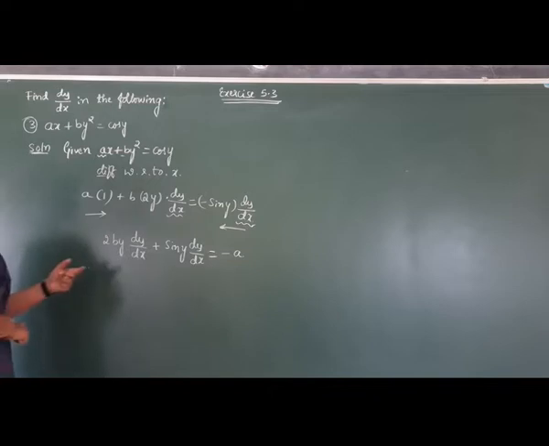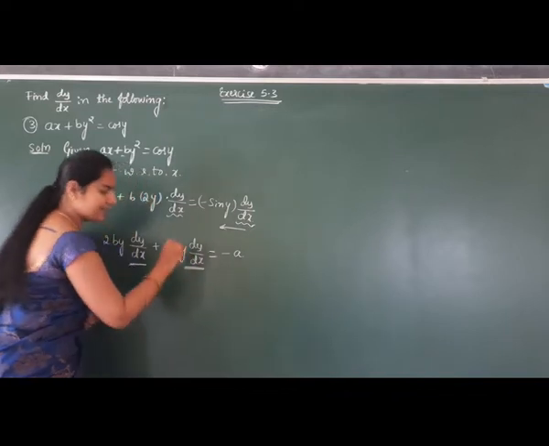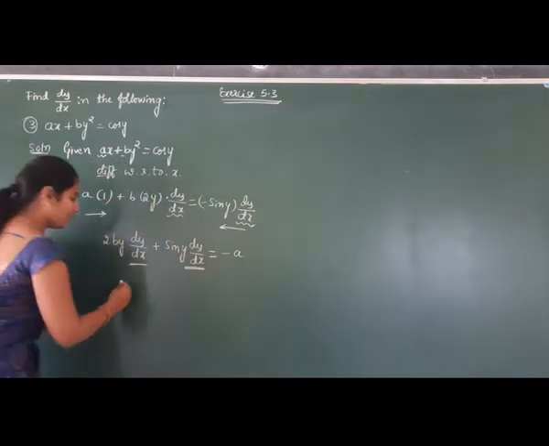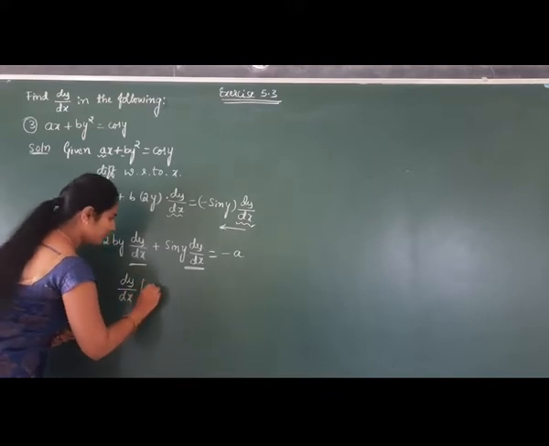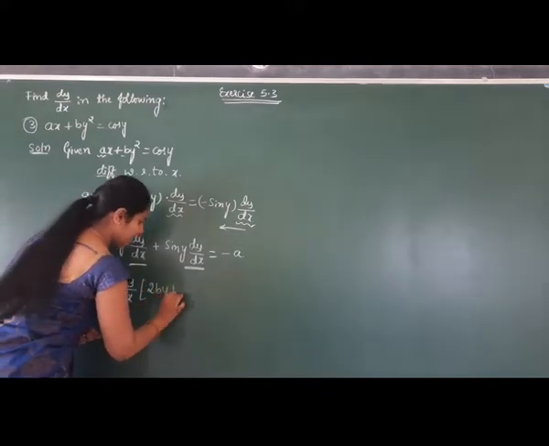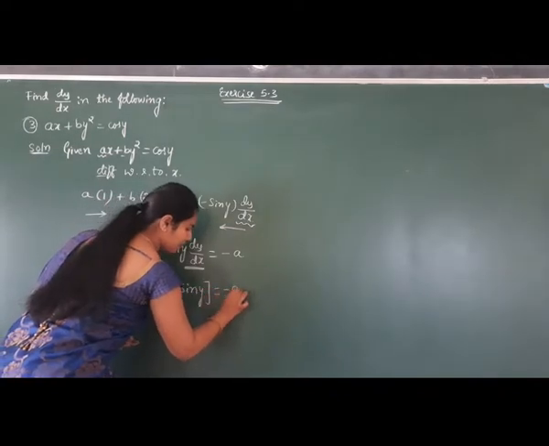Next, solve for dy by dx. I will take the common factor dy by dx. Then we have dy by dx into (2by plus sin y) is equal to minus a.